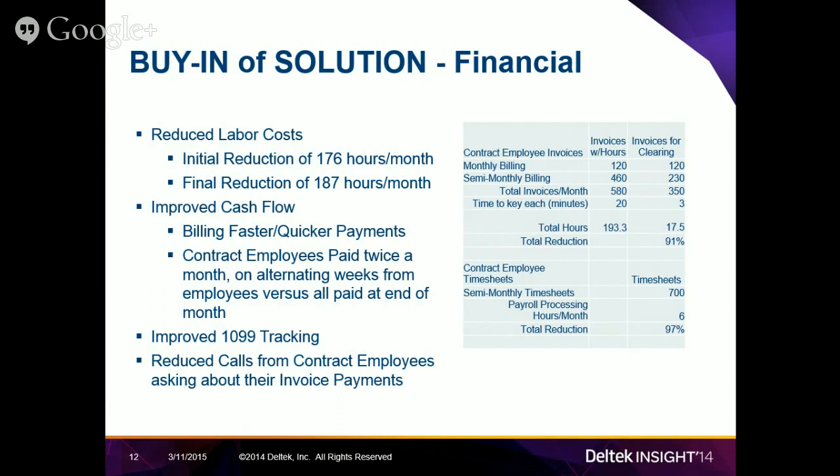We also noticed that there was improved cash flow, because one of the problems that we had was we were paying employees twice a month, and we were paying contract employees once a month, and their payments were supposed to be paid by the last day of each month following the month that they worked, which meant that as we were building up more and more, we were having to pay money out at the end of the month.